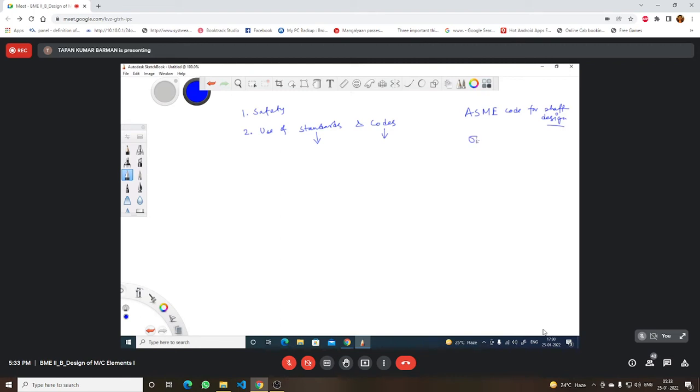Here basically sigma S, the allowable shear stress, can be calculated directly using the code written by ASME. That may be, say, like this, 30% of the yield strength or 18% of the ultimate tensile strength, whichever is minimum.